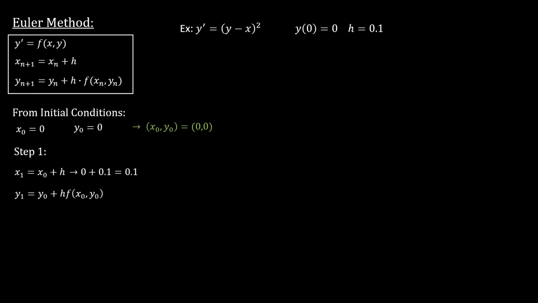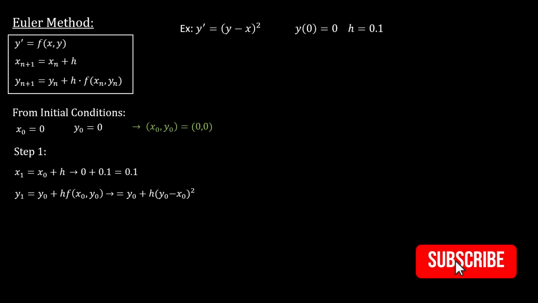And then our first y, y1, is equal to y0 plus h times our function of x naught and y naught. In this case, our function f of x, y, it's the one that we have on top, (y minus x) squared. So let's replace that one. So we have y naught plus h times (y naught minus x naught) all squared, right? Hopefully this method is a little bit clearer compared to the previous one.